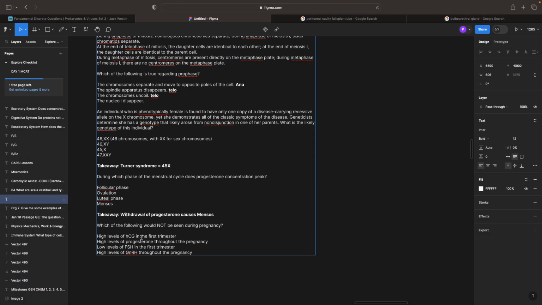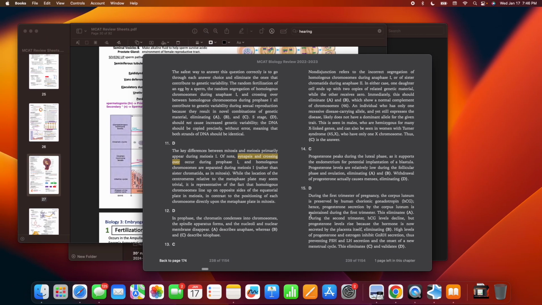High levels of HCG in the first trimester, we eliminated because the corpus luteum is preserved by HCG.